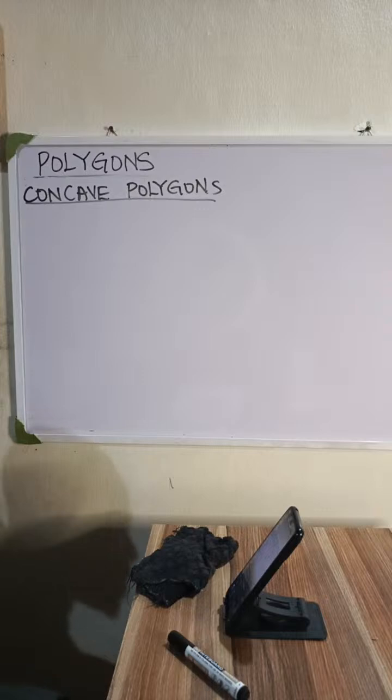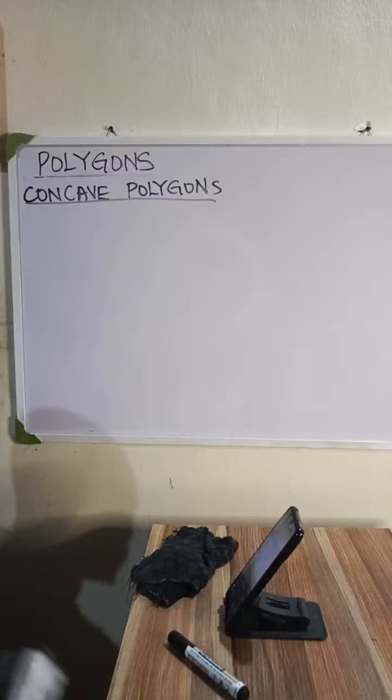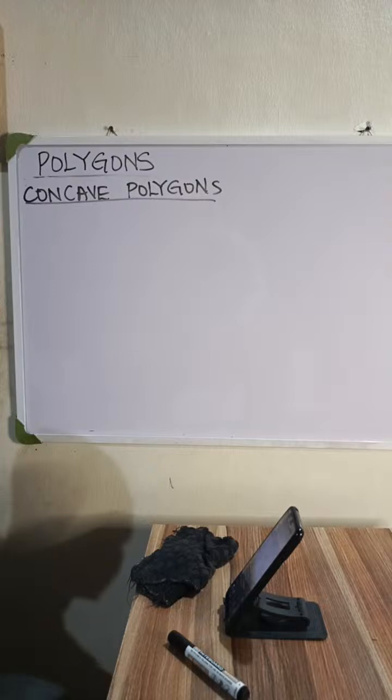When we were learning about angles, when an angle is greater than 180 degrees but less than 360 degrees, what is it called? Let's see who remembers.